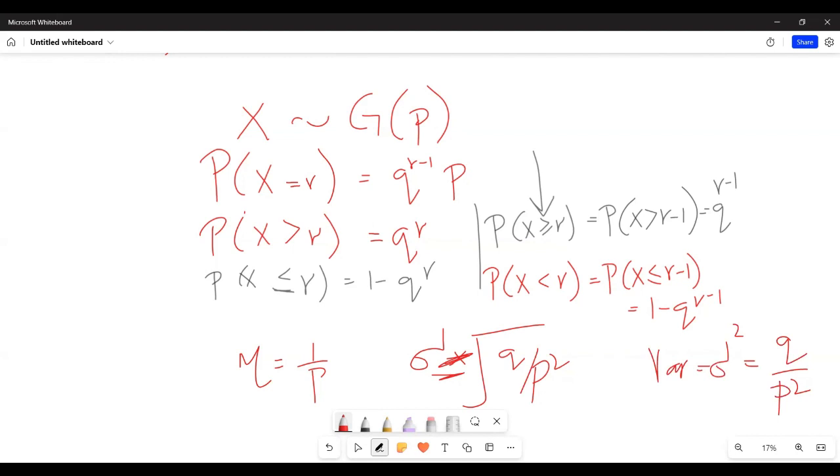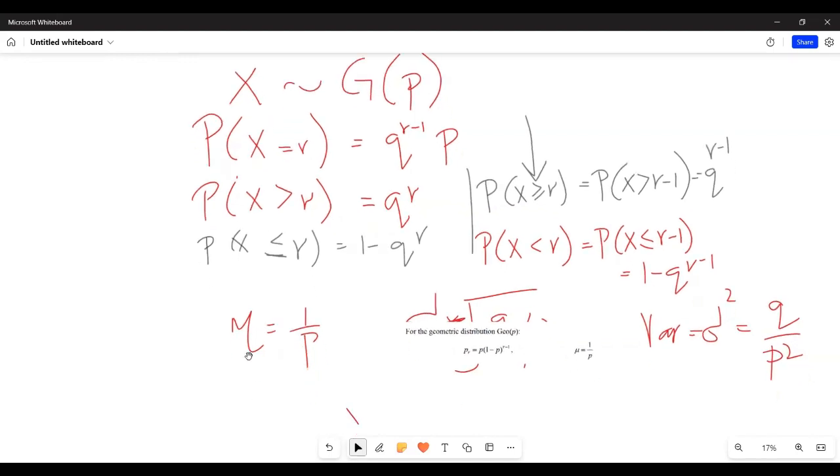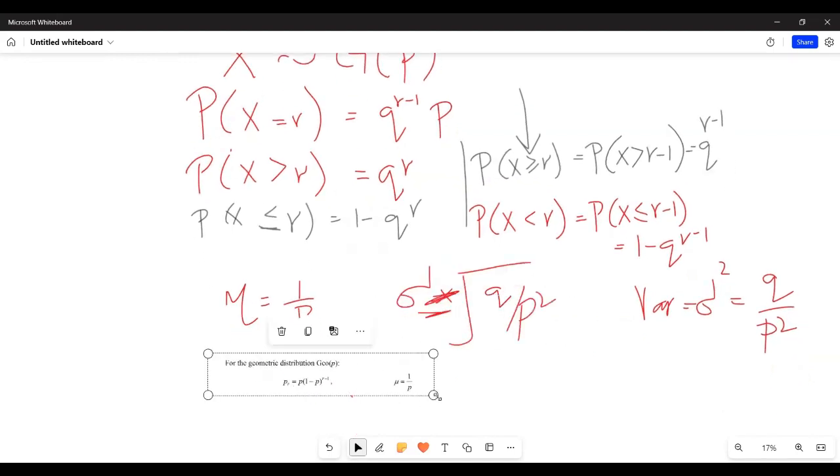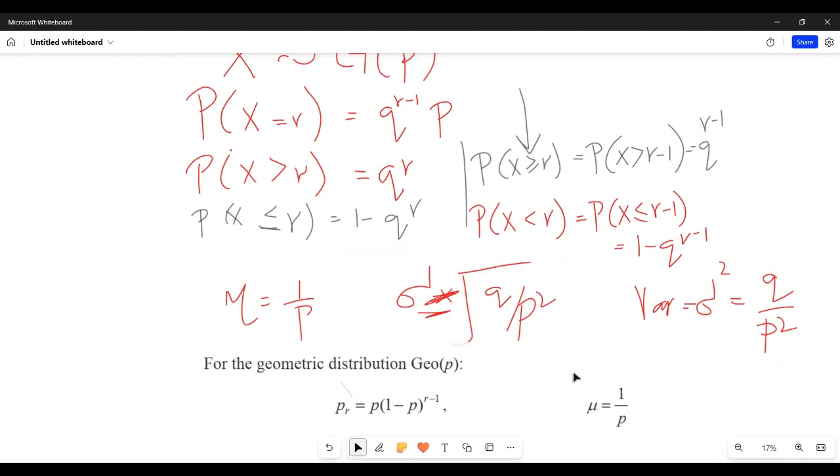Not most of these, just these two formulas. So you would be given the formula for the mean in a geometric distribution. Why not the standard deviation? That is weird, because they do give the standard deviation of the other distributions, but not this. All right, can't do anything about it.